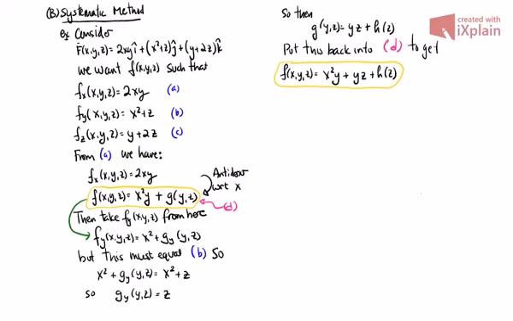So what we'll do next is we'll then take f sub z from here. So again, let me use the green. We're getting f sub z of x, y, z.